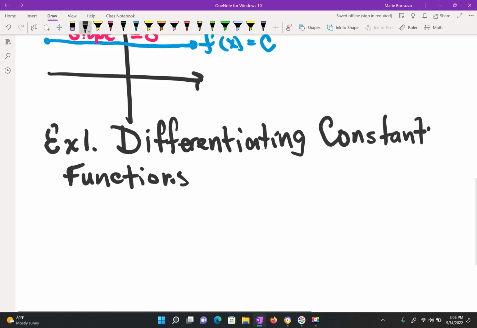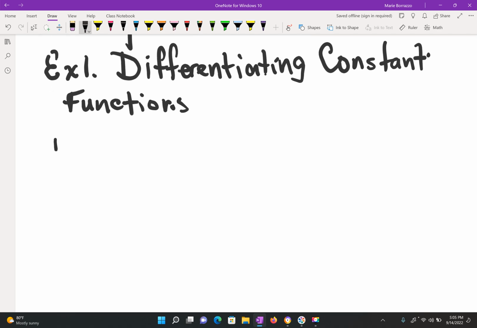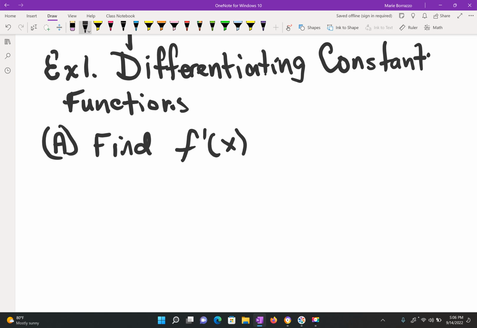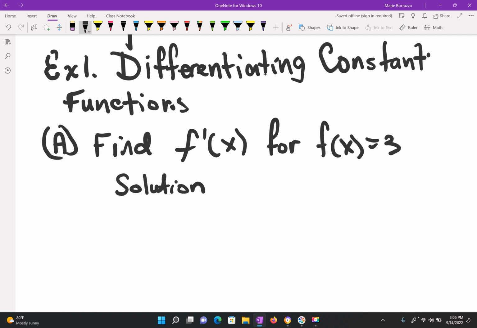The question stem you're going to look out for is: find the first derivative, f prime x, for f of x equals 3. The solution for this is quite simple. I'm just going to write here, solution. You want to use the notation, so please pay attention. The f prime x is equal to 0 is what you would answer.